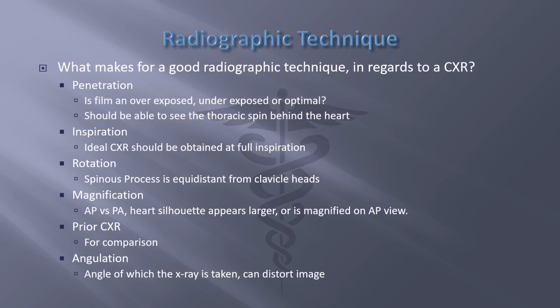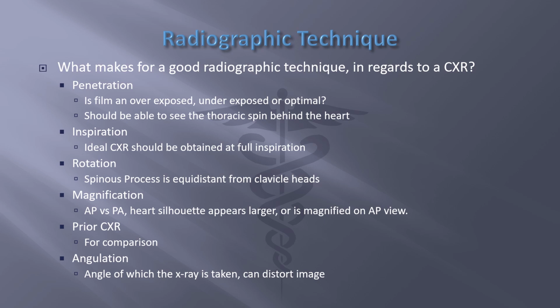So the first thing we do when we see a chest X-ray is evaluate: was this a good radiographic technique, or was it not so good, and we might need to take the image again, or can I get the information I need?